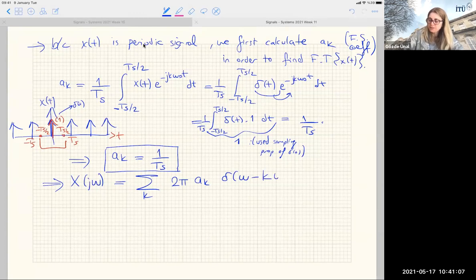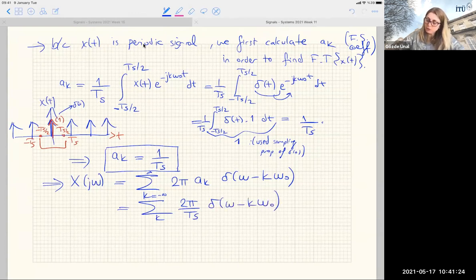This was the Fourier transform. Insert a_k here, and that's it. This is the sum from k minus infinity to infinity, so I will have k 2 pi over Ts delta. It's really easy. Now you can see omega 0 was 2 pi over Ts, by the way.